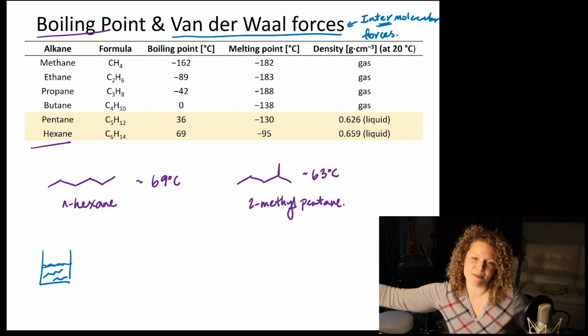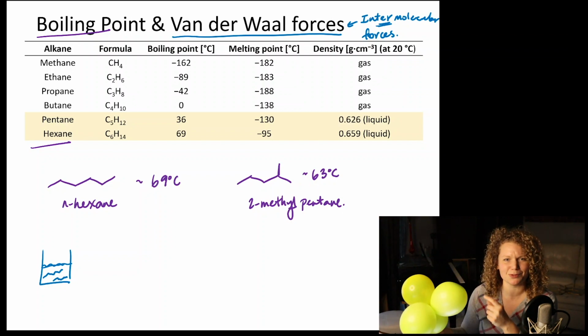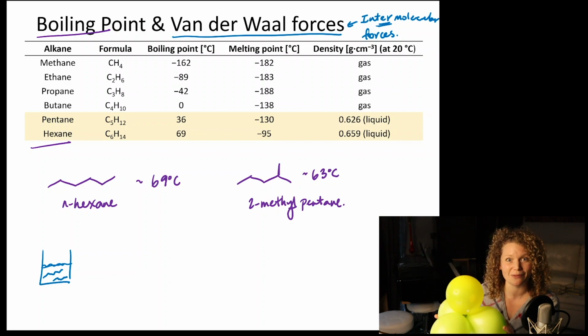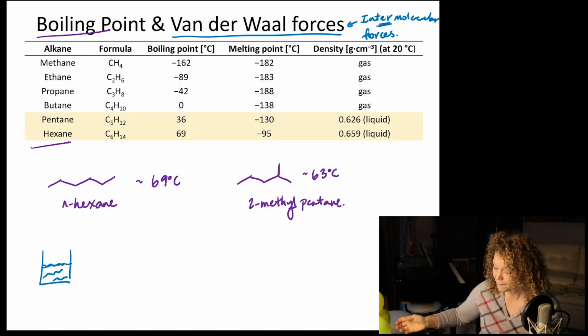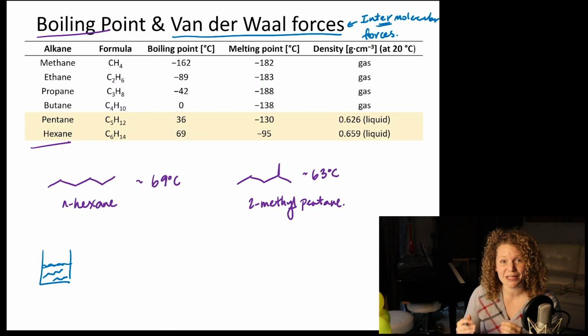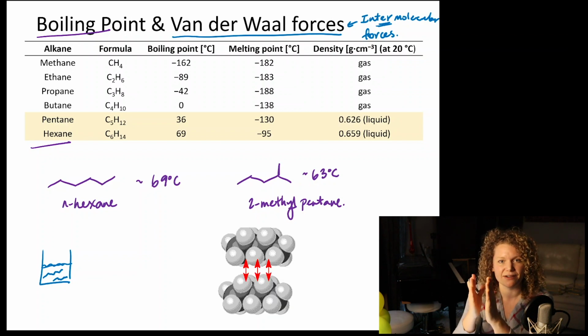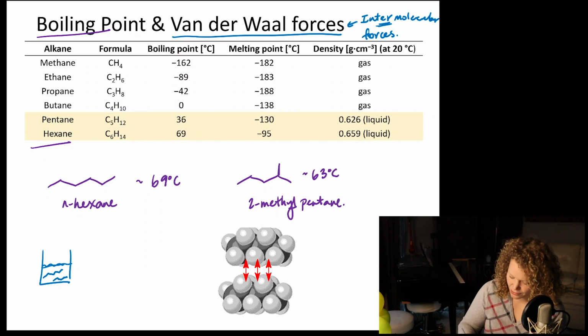Remember how we've talked about how these carbon-hydrogen bonds are not simply just straight lines. They're actually orbitals with electrons floating around in them. These are going to interact with each other. If we have a straight chain alkane like n-hexane, these forces are going to be able to line up. There's more surface area for the n-hexane to line up and have this weak van der Waals interaction.